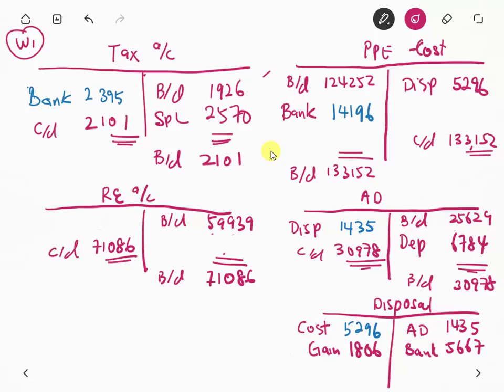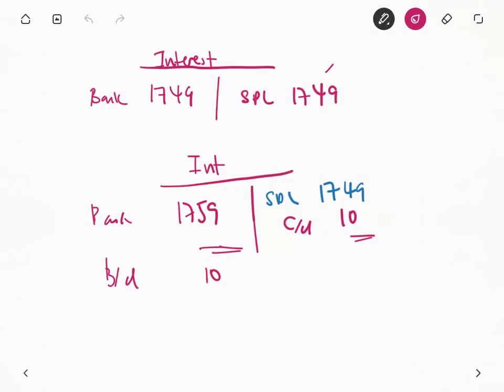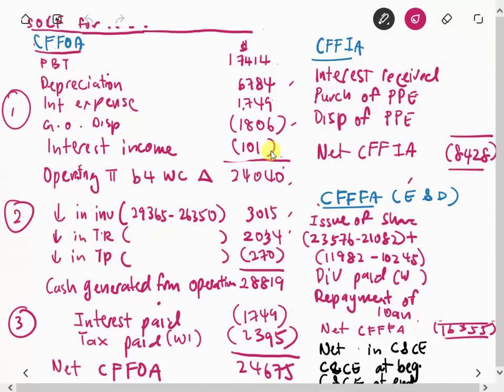Must practice, okay? Go back. Now inflow and outflow. I'm now doing cash flow. How much is my inflow? Let's look at the bank. Bank. Inflow is 5667 because I sell. Outflow 14196. Let's put it in the statement of cash flow. Under which activity?